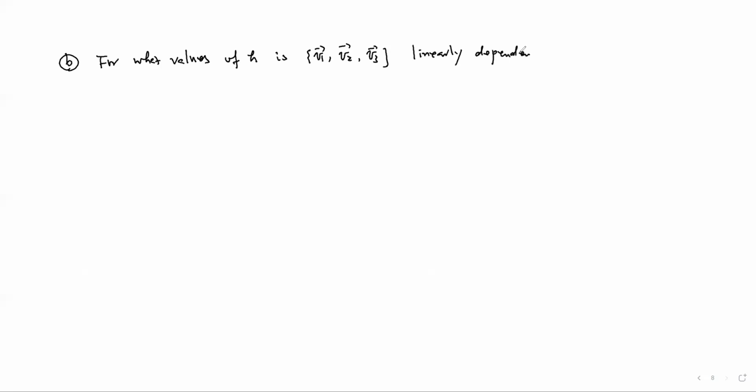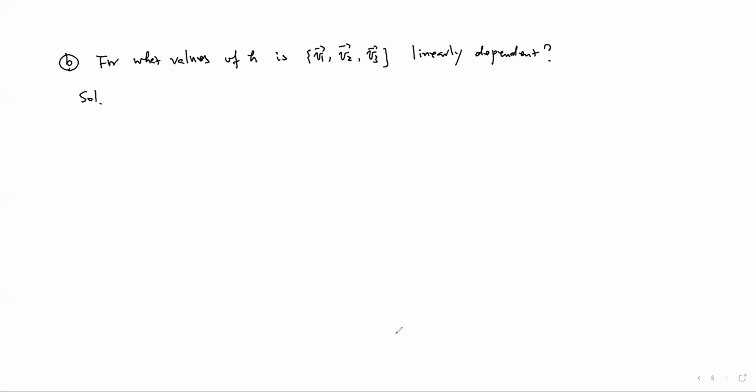Now, second question, B. For what values of h is the set of the three vectors linearly dependent? To answer this question, refer to the definition.